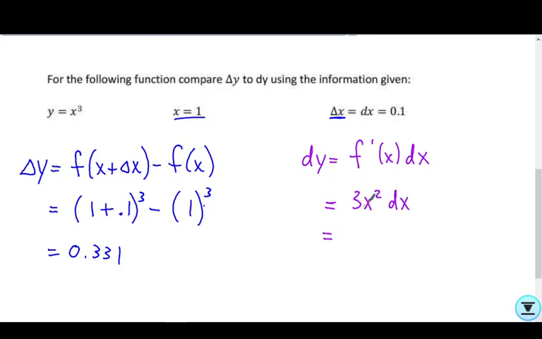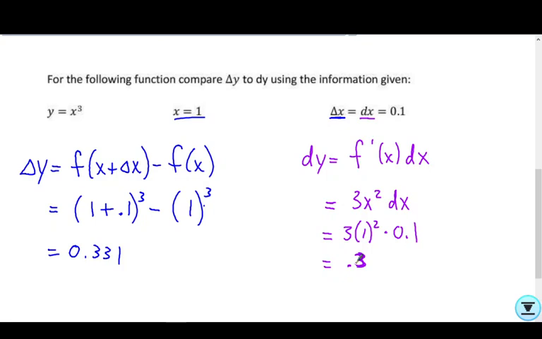Then we plug in x, so this is 3 times 1 squared times dx, which is right here, 0.1. And so you get 3 times 0.1, which is 0.3. So you can see the difference between delta y and dy is very, very small. And basically, we just did part of our linearization.